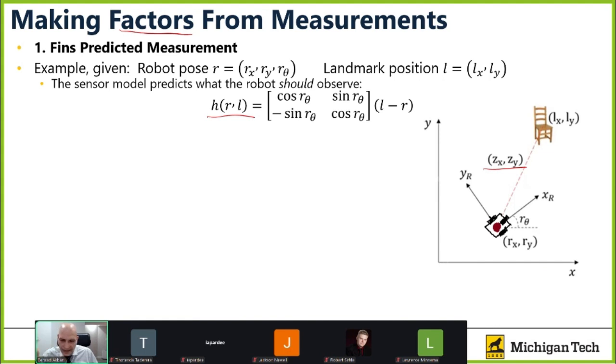Here we should use x maybe, but anyway, we use r as the robot and l as the landmark position, both unknown. The landmark is just x and y, but r, the position, also has theta, the robot angle. Okay, because this robot is the kind of robot that needs a steering angle.